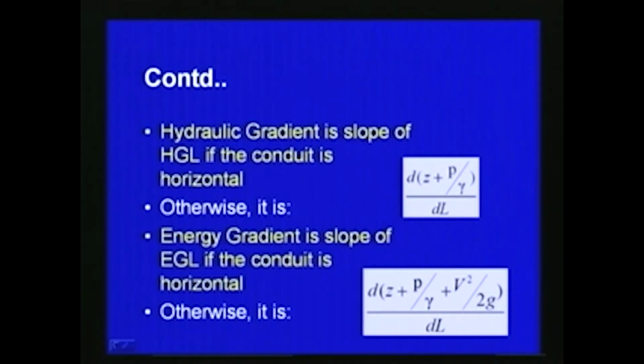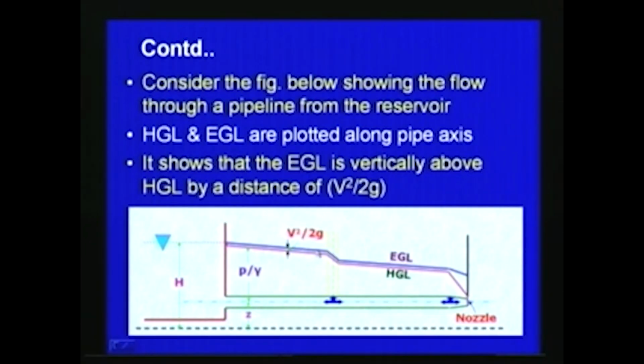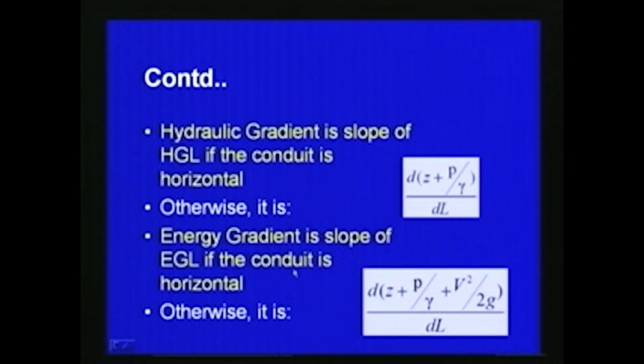If it is horizontal, it is just the slope of the HGL, and similarly the energy gradient is the slope of EGL if the conduit is horizontal. And if the pipeline is not horizontal, then we can just take d by dl of Z plus P by gamma plus V square by 2g, as written in this equation.